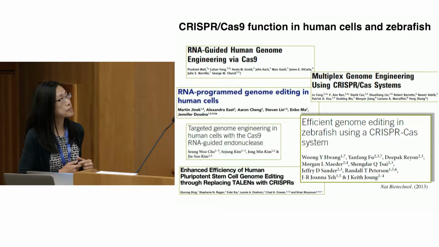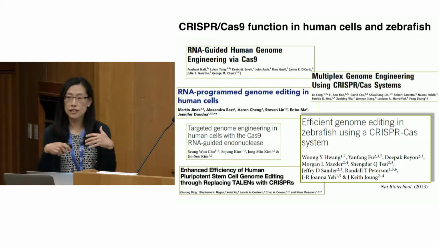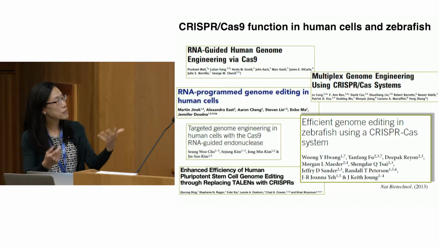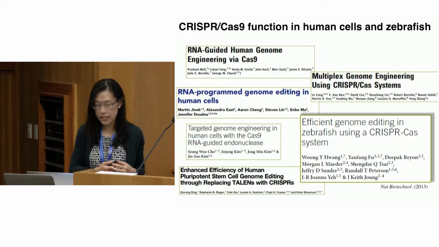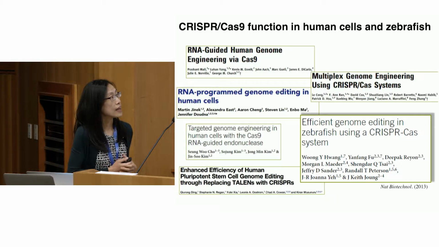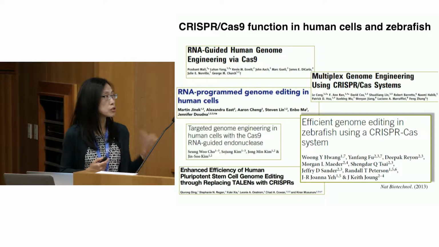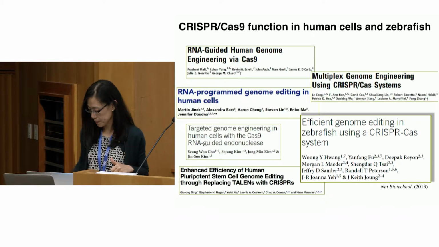In 2013, the first wave of papers reported that CRISPR-Cas9 can function efficiently in human cells. And we also reported that it can be used to efficiently mutagenize the zebrafish genome.